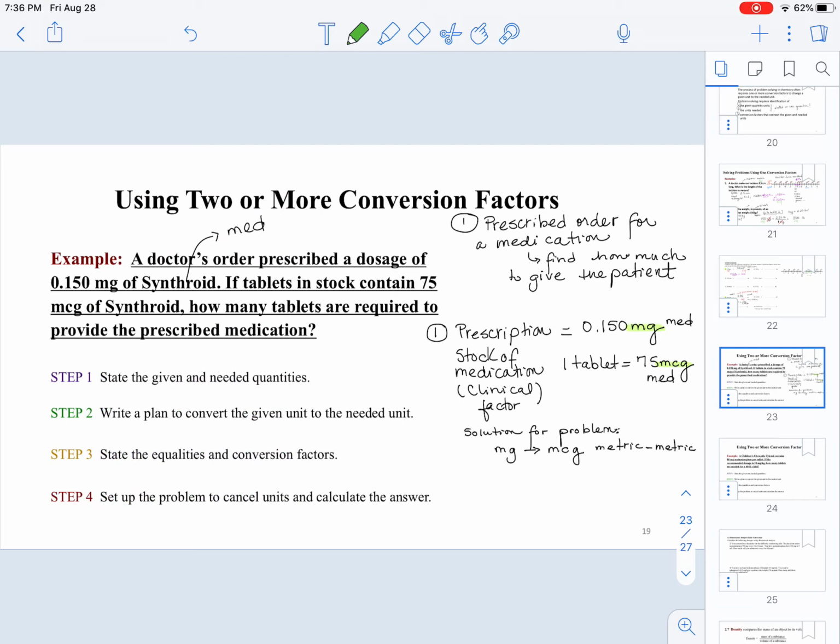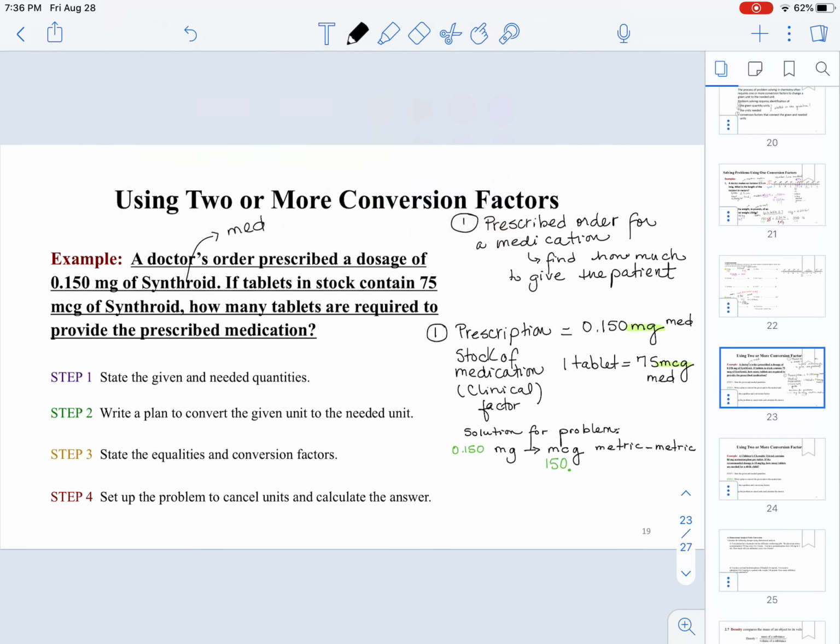So in this problem, we know that 0.150 milligrams is going to be 150 micrograms. And now that we have converted the dosage that we need to give the patient to match the stock or the clinical factor that we have for this medication, then we can solve the problem.